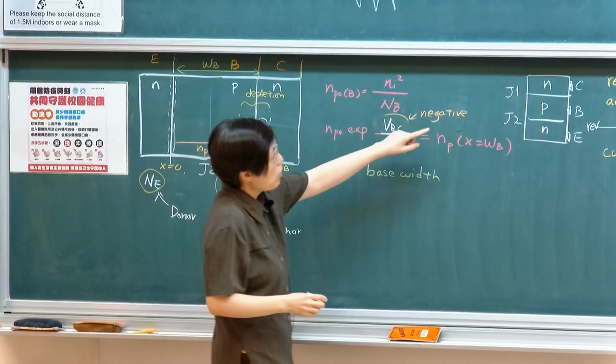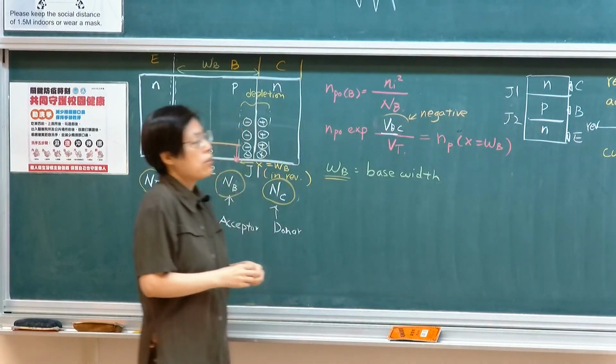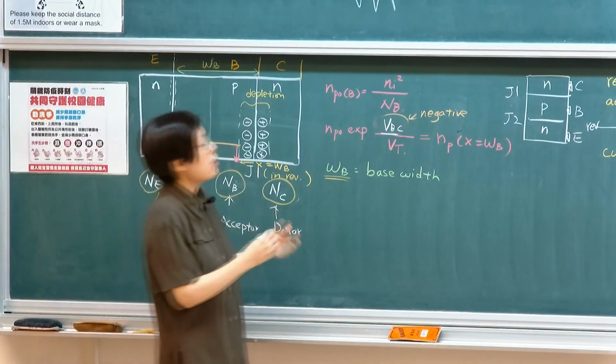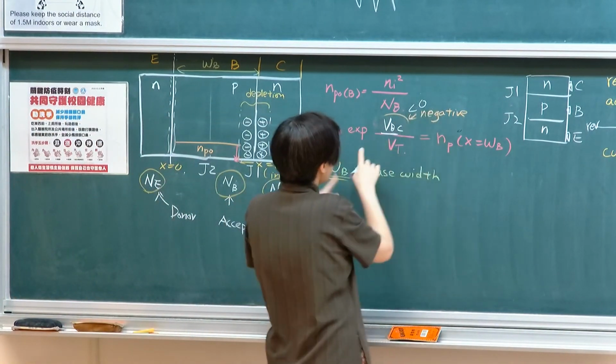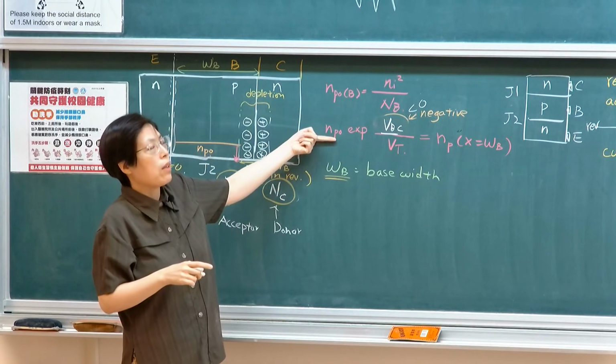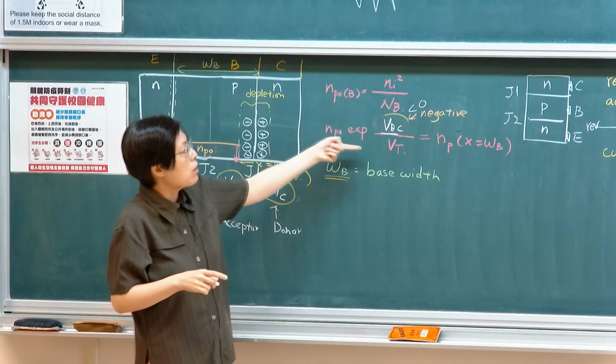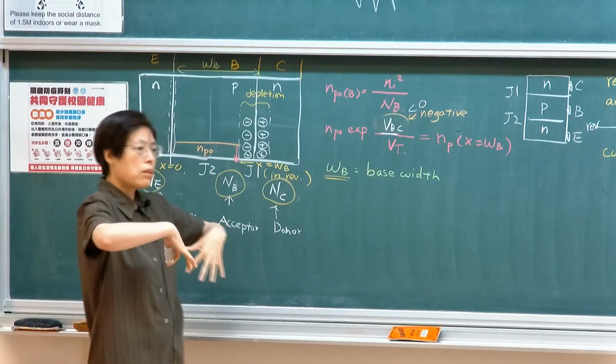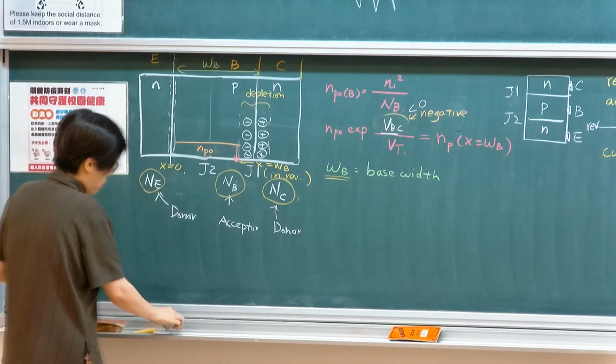Right, this is junction 2, so the voltage across is VBC. And we know that VBC is smaller than 0, therefore, even though you start with a fairly low minority carrier concentration, it is getting even lower because the law of the junction pulls it down.